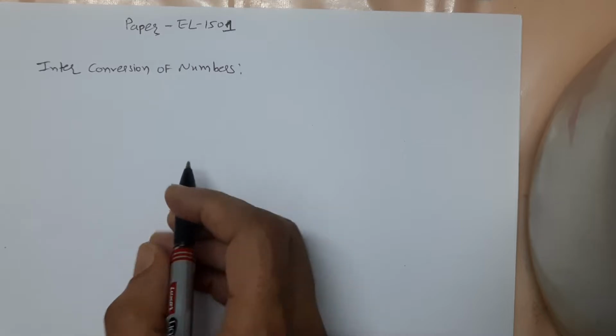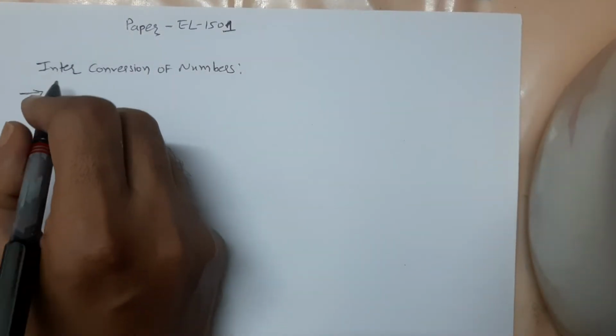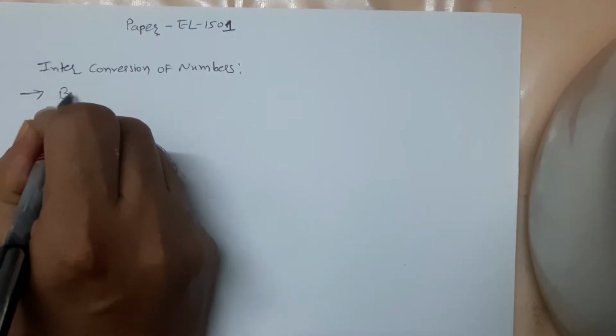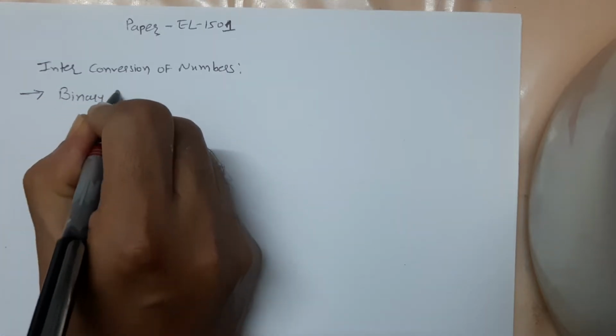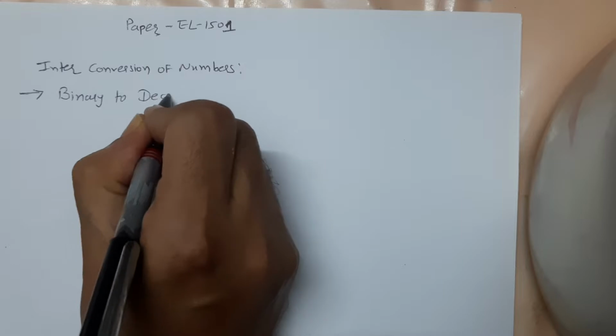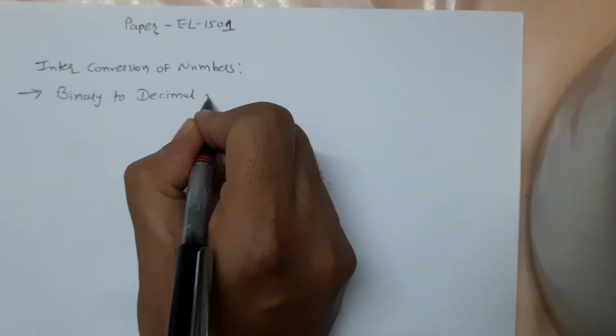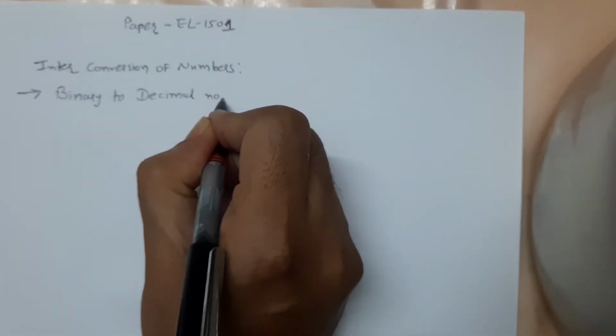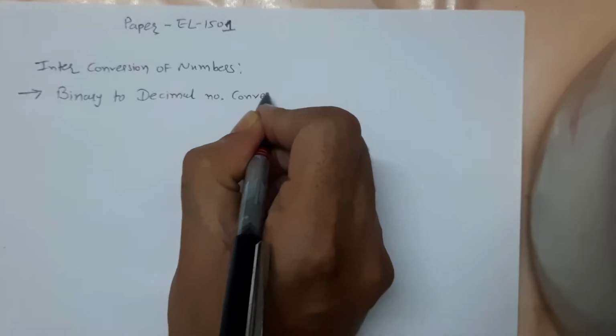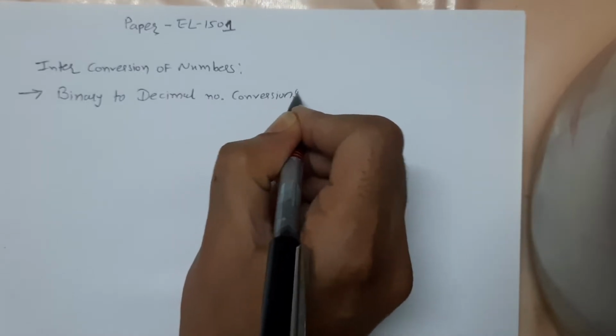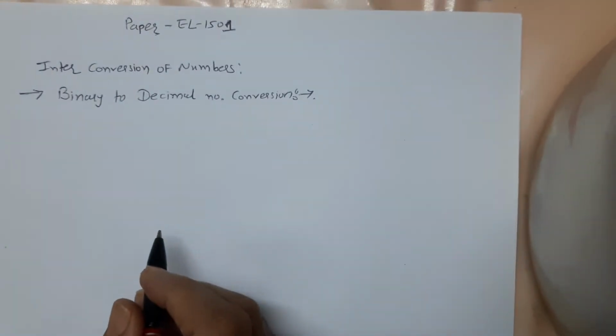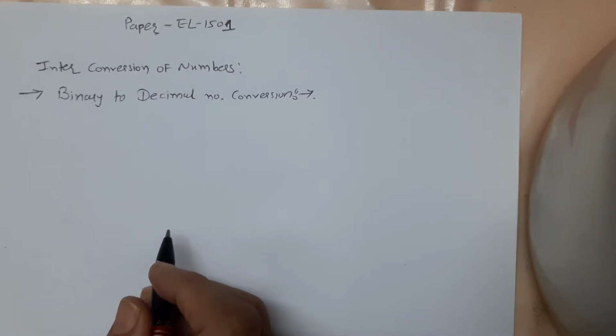So first of all we discuss the binary number to decimal number conversion. How to convert this? First of all we consider a binary number, right?